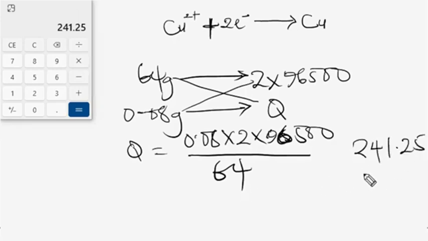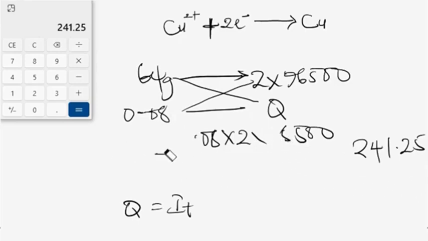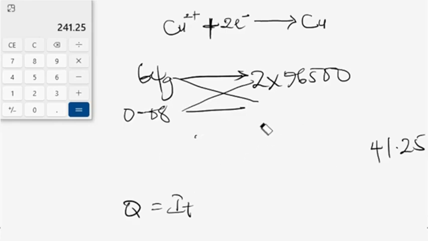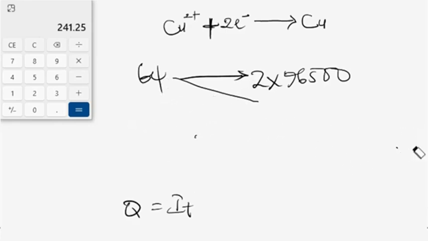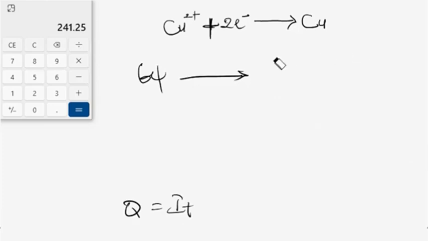So guys, Q is 241.25, but we know that Q is equal to IT. I hope you've not forgotten this expression, so you have to always recall this. So now that we have this, we can go ahead and wipe these other parts. So since Q is equal to IT, what next do we do?